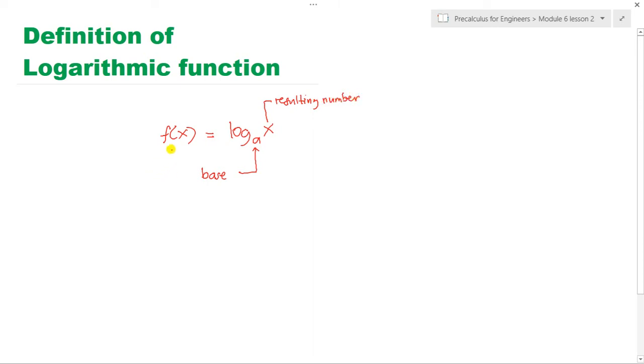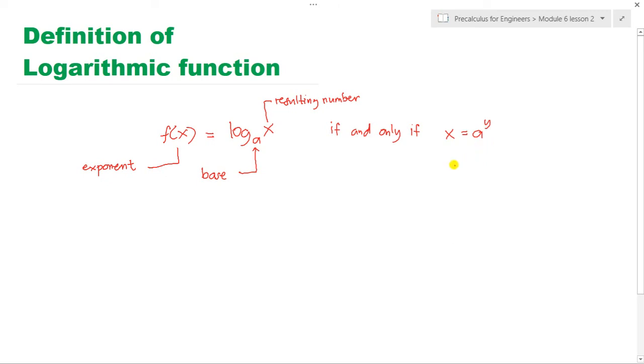And how about this one? This is our dependent variable, or we can call this one the exponent. Again, this one is our base, this is our number, and our dependent variable is the exponent. Now this notation would only exist if and only if its equivalent exponential form also exists: x is equal to a raised to y.